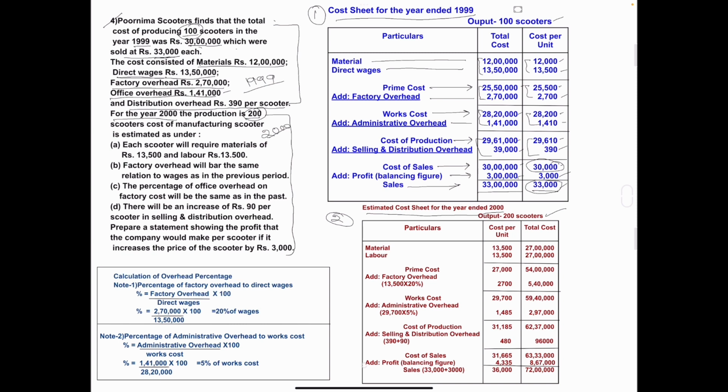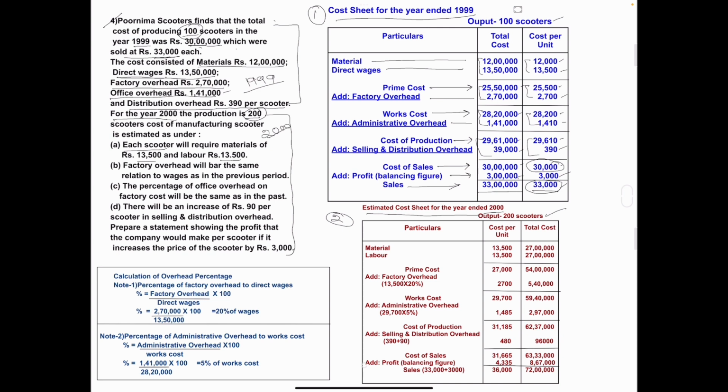Read point A. Each scooter will require material of rupees 13,500 and labor 13,500 on each scooter. Okay. So the per unit, per scooter material amount is 13,500 and labor same 13,500.